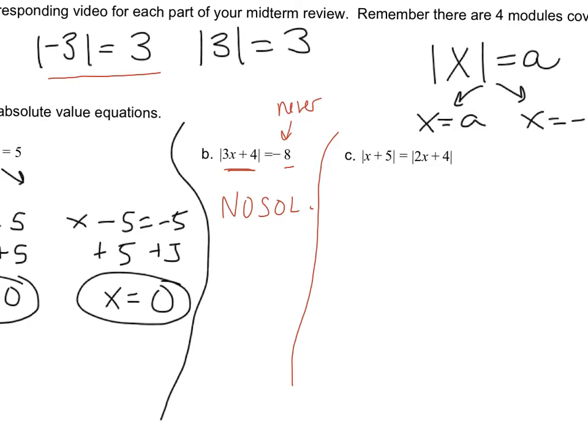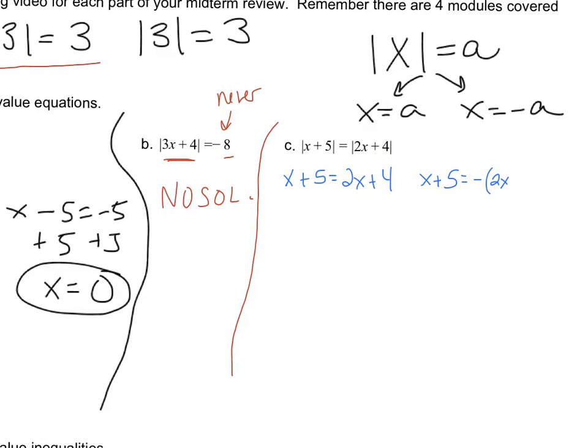C, we have two absolute value bars. We have the absolute value of x plus 5 equal to the absolute value of 2x plus 4. We'll do the same thing. So the first equation, I'll just drop the absolute value bars. And then for my other equation, I'll set it equal to the negative of the other expression. So we're doing the same thing.